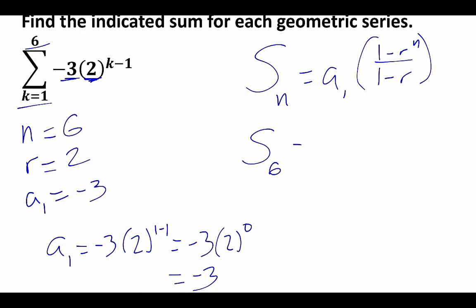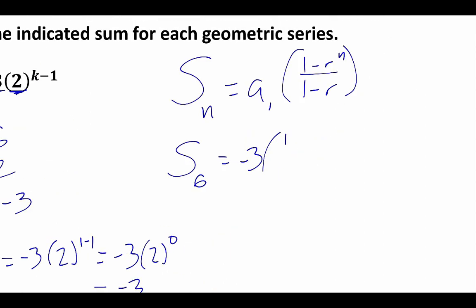S sub 6 equals the first term, negative 3, times (1 minus our ratio of 2, because we're multiplying by 2 every time, to the 6th power) over (1 minus 2). I'm going to do as much of this by hand as I can. We got negative 3 times (1 minus 2 to the 6th, which is 64) over (1 minus 2, which is negative 1).